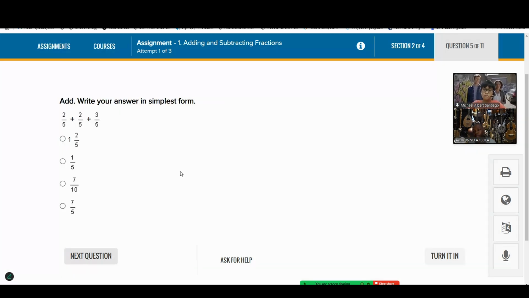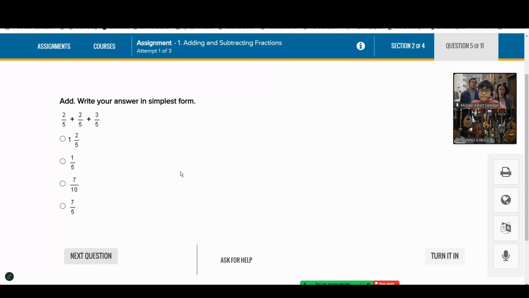Do you think you can find the answer to this? What is 2 plus 2 plus 3? 7. So that's 7 over 5, but we cannot use 7 over 5 because it's an improper fraction.